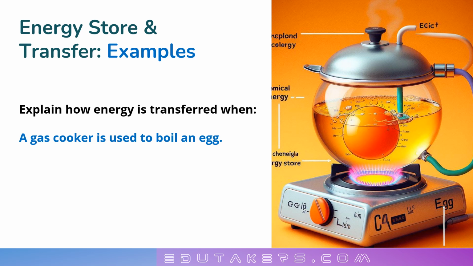The water absorbs the thermal energy, causing its temperature to rise. As the water boils, the heat is transferred to the egg. The egg, being in the hot water, absorbs the thermal energy, and its contents cook. So, we have a sequence of energy transfers involving chemical energy, thermal energy, and heat transfer, ultimately leading to the cooking of the egg.